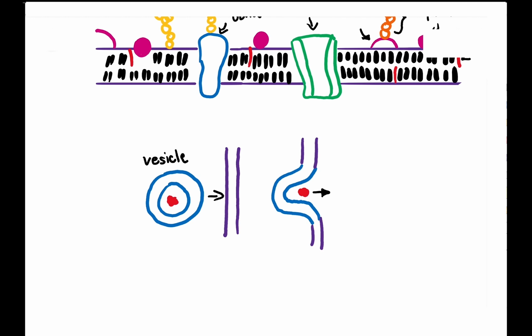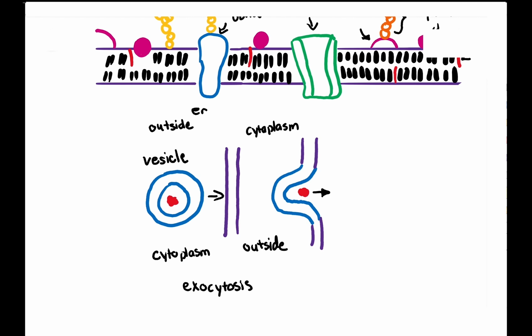So it can either have the outside of the cell and the cytoplasm here, but it could be the complete opposite, where your cytoplasm contains this vesicle and you're moving it outside of the cell. So this is called exocytosis, and this is called endocytosis. So moving it inside the cell is called endocytosis.